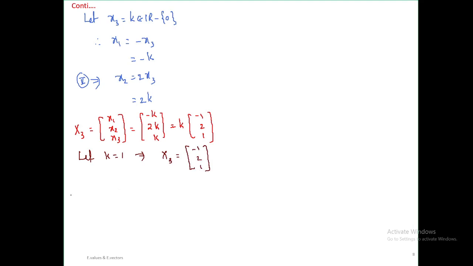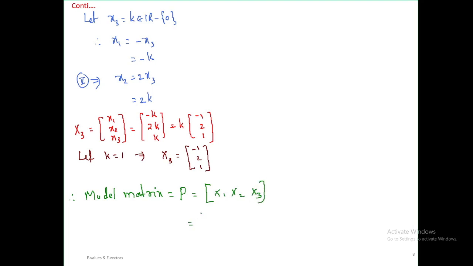Now let us construct the model matrix P. P is nothing but all these eigenvectors as columns: x1, x2, x3, the 3 eigenvectors I am taking.